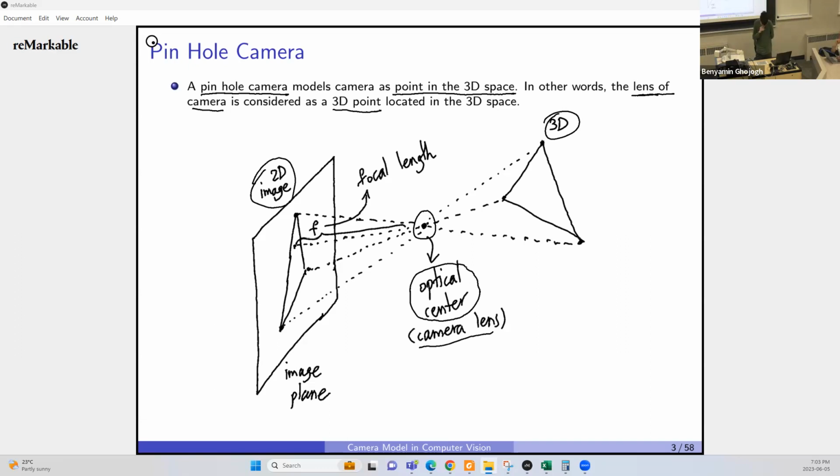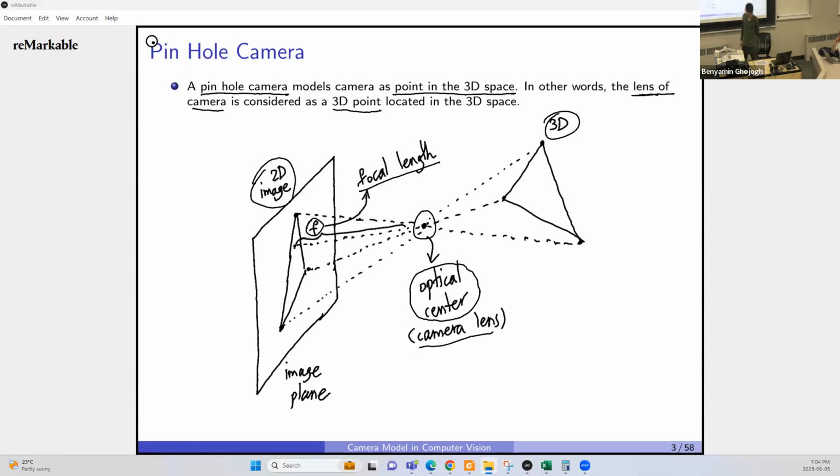So twice. Also, the distance between the camera lens, which we consider as one point, that's why we call it a pinhole camera, and the image, we call the focal length, denoted by F. When you tune how much you want to zoom, you're changing this focal length, moving the image back and forth.